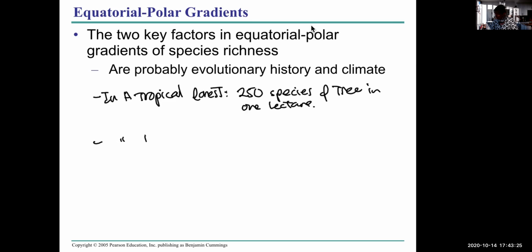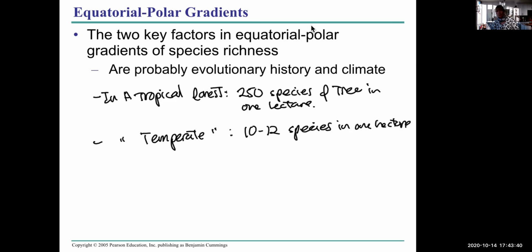But in a temperate forest, there may be 10 to 12 species. So considerably fewer species. The reason for that is thought to be evolutionary history and climate.